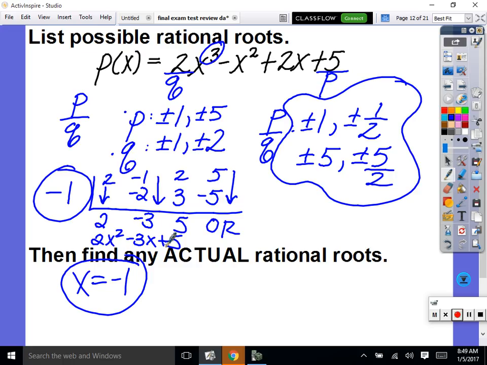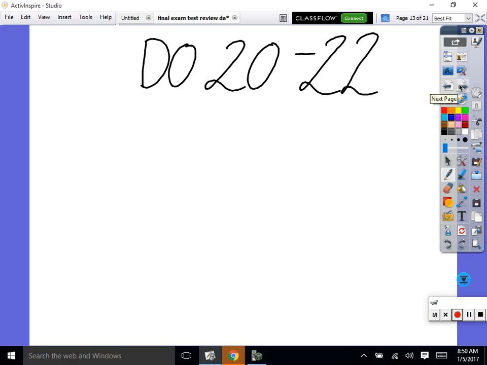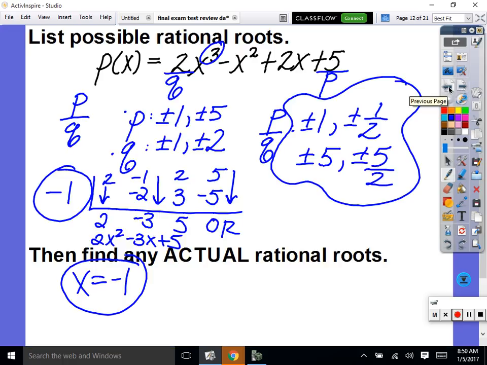But if it crossed the x-axis a few more times, we would want to check these by synthetic division to see which other rational roots we have. Or we could have just looked at this, and if there were more rational roots, it would factor, and those would be able to be written as a fraction, which means rational. So we could solve the other 2 roots by factoring. But that doesn't factor, so they must be imaginary or irrational solutions.